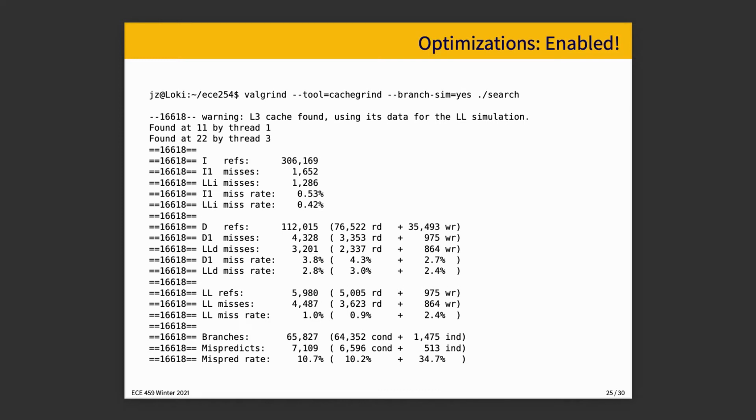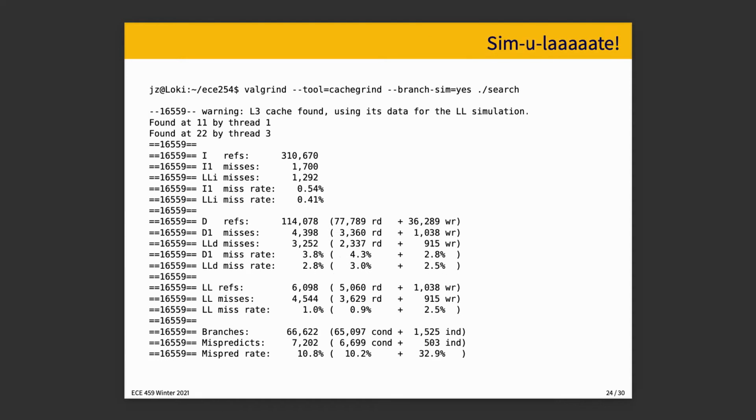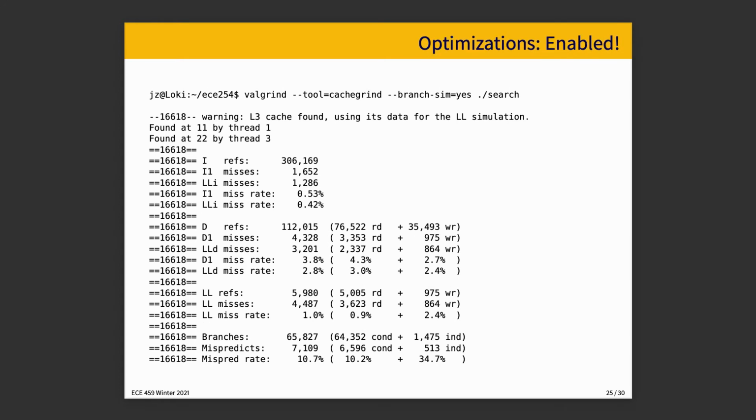This is what happens if I recompile that program with optimizations enabled, and we can see that it does make a difference. Comparing them side by side is a little hard in the slide format, but there were fewer data references, fewer last-level cache references, fewer branches, and fewer mispredicts, even though the rate didn't change very much.